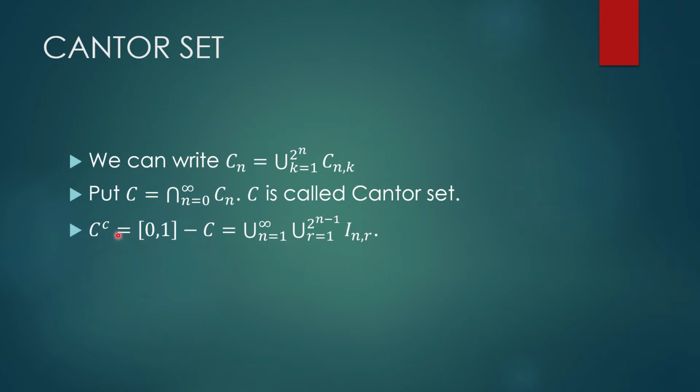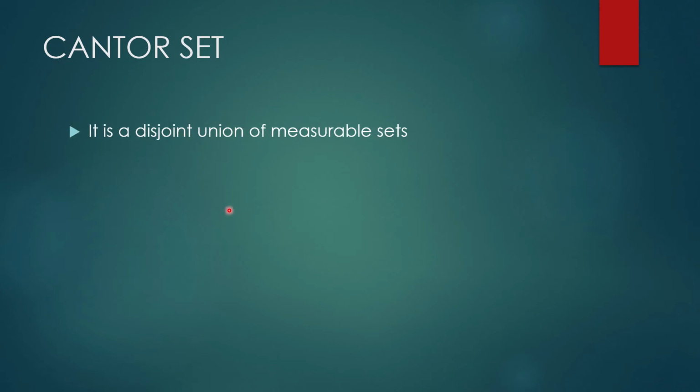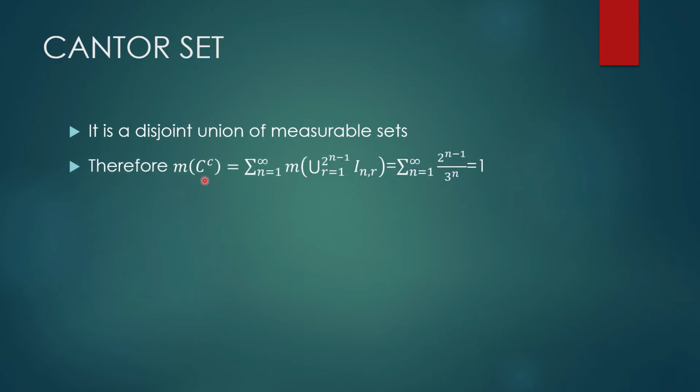Alright, so what is the thing you have to remember? The complement of the Cantor set is a disjoint union of removed intervals. Every interval is measurable, so it is a disjoint union of measurable sets. Therefore the measure of the complement of the Cantor set is the sum, n going from 1 to infinity, of the measure of the union of the intervals in the nth step.